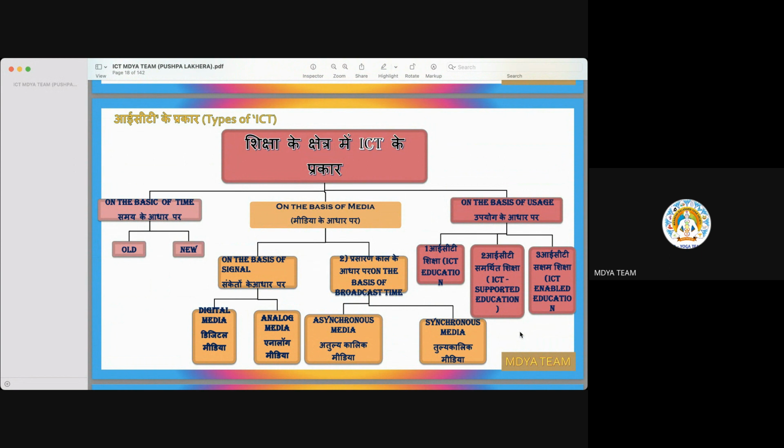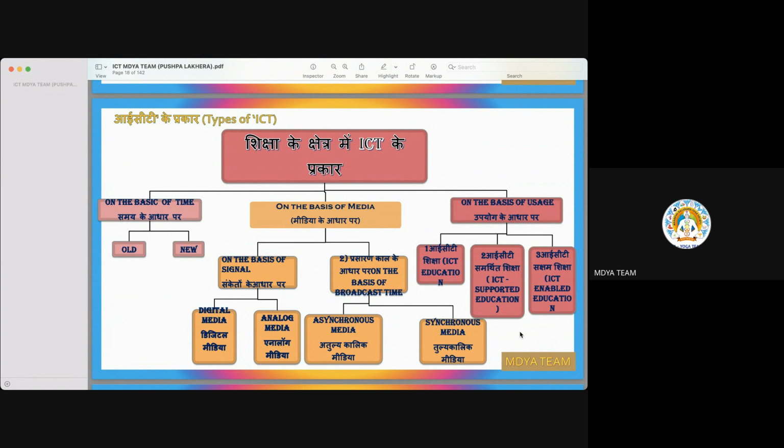On the basis of usage, how we are using it: ICT education, ICT supported education, and ICT enabled education. So there are three types on the basis of usage. Again, I am repeating, they are classified under three broad categories: on the basis of time, on the basis of media, on the basis of usage. On the basis of time, they are old and new. Simple.